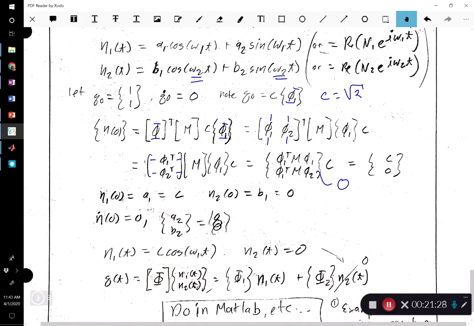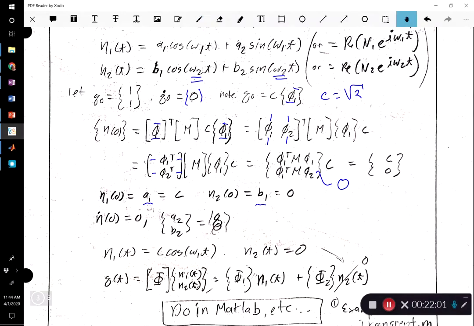So we can use that to say, if we set eta 1 at time 0, which is this equation, the sine vanishes, and that tells us that the magnitude of the cosine term is A1. Eta 2 has to be 0 for all time because it has no initial displacement. Eta 2 dot is 0. Because Q dot is this vector of zeros, anything times 0 is still 0.